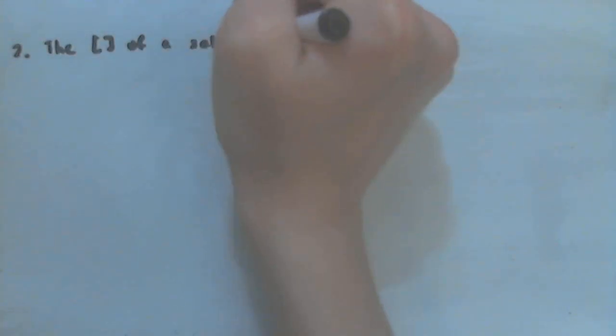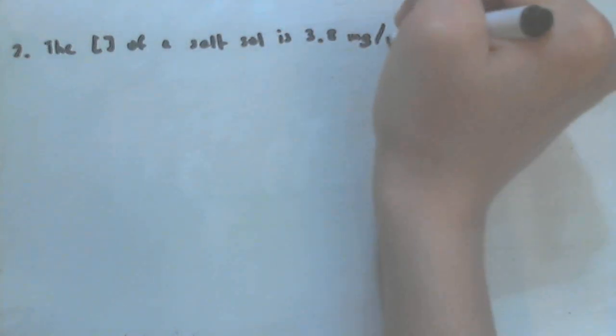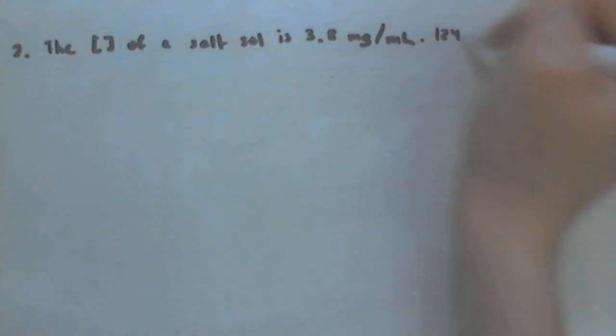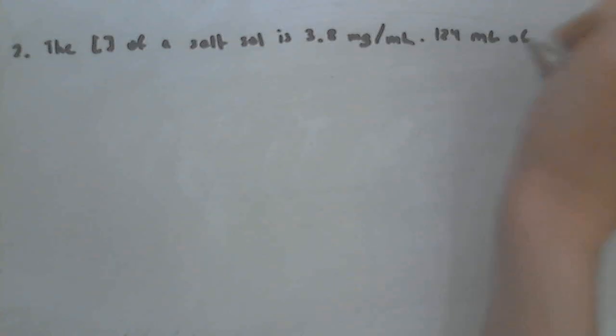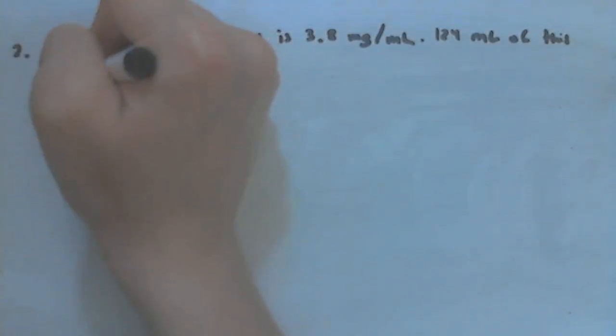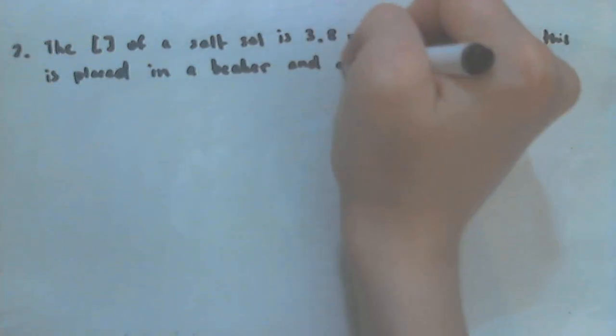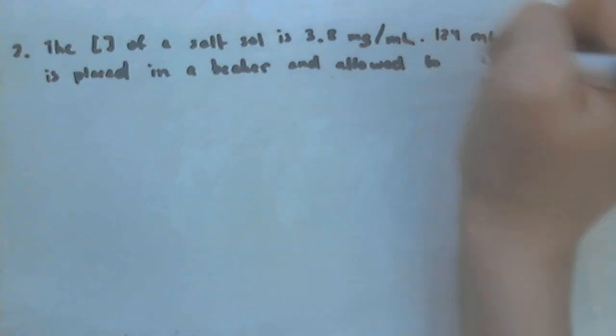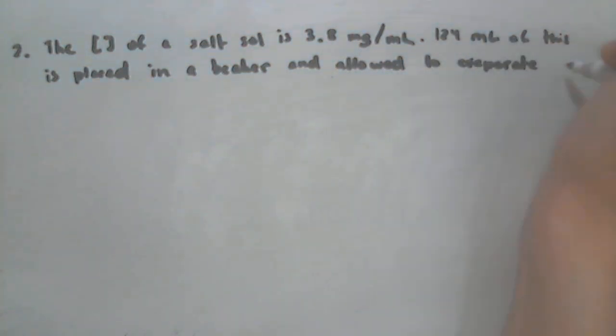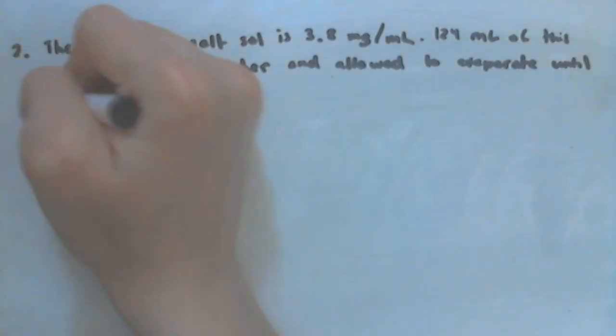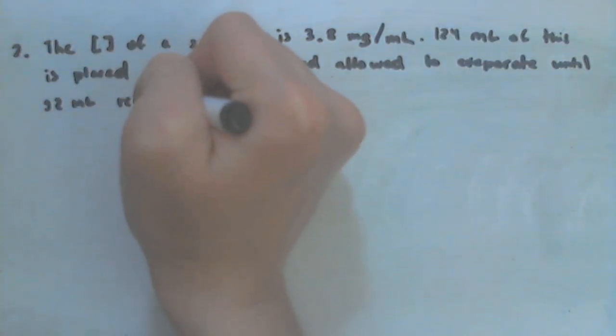The concentration of a salt solution is 3.8 milligrams per milliliter. 124 milliliters of this is placed in a beaker and allowed to evaporate until 92 milliliters remains.